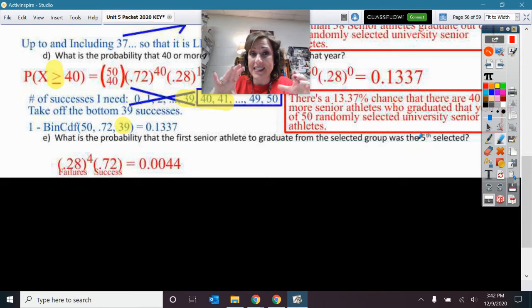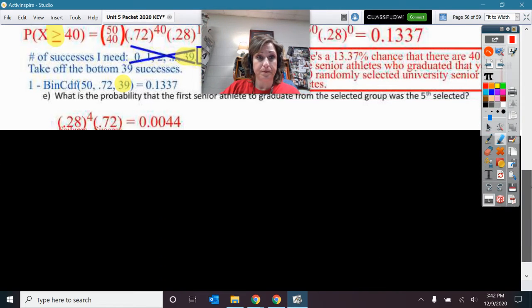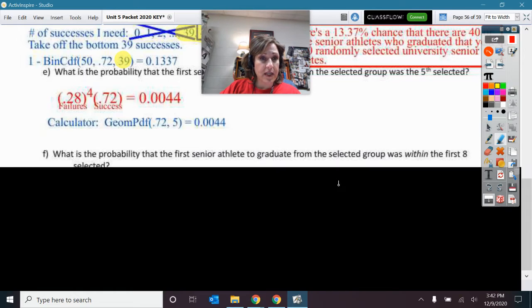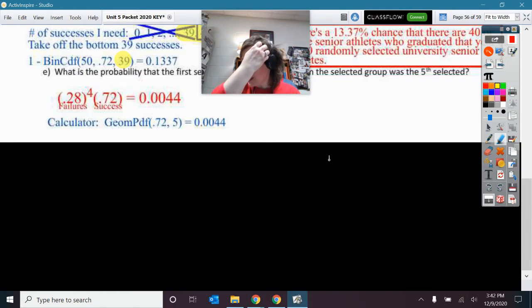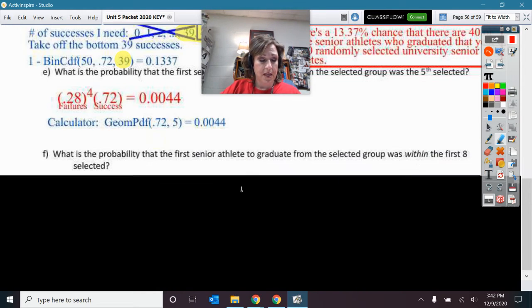It's not giving me a set number to look at. It's telling me I go through all the places until I get that particular one. The success is on the 5th trial. So you could either just calculate that exponentially here or do your geometric PDF.